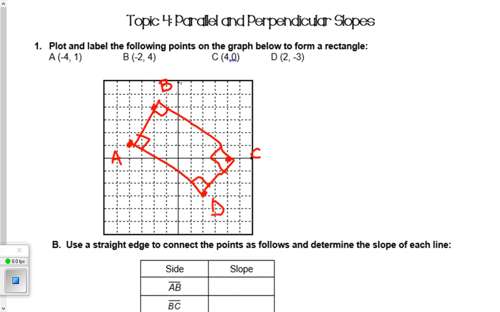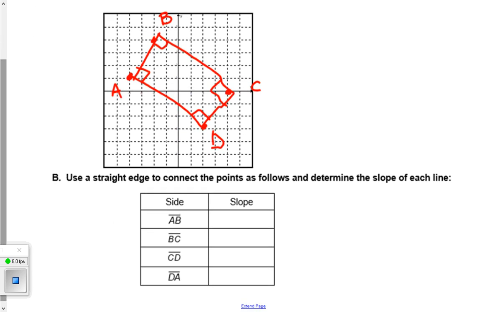So now what they want us to do is determine the slope of each of these little line segments. So side AB, if I was to do rise over run, I would rise 1, 2, 3, and run 1, 2. So 3 halves. Side BC, I would rise 1, 2, 3, 4, and run 1, 2, 3, 4, 5, 6 in the negative direction.